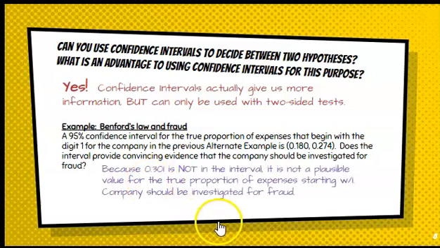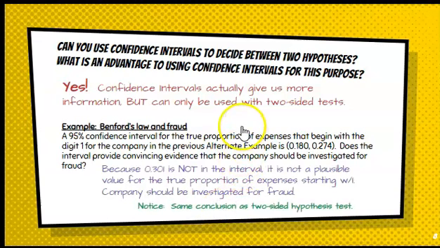So here's how I'd state my answer. Because it's not in the interval, it is not a plausible value for the true proportion of expenses starting with a 1. Therefore, the company should be investigated for fraud. So I want you to notice, you get the same answer using a confidence interval as you do with the hypothesis test. We concluded in the other one that they should be investigated, and that's what we concluded here as well.